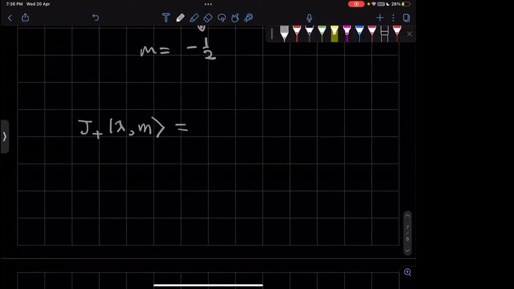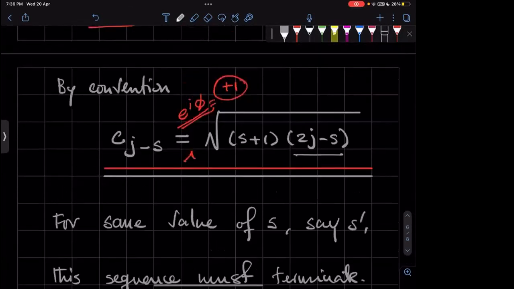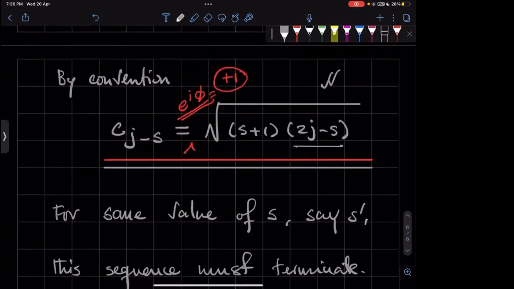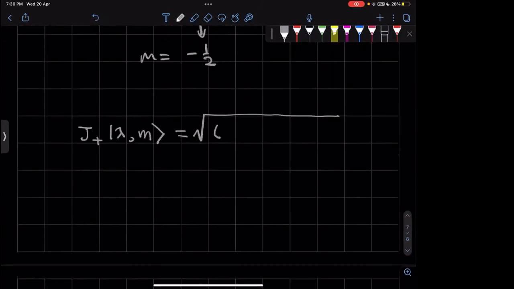and you get, this I leave as an exercise, it's just one line. You basically get, using this expression over here, you get (j plus m plus 1)(j minus m) times lambda m plus 1.